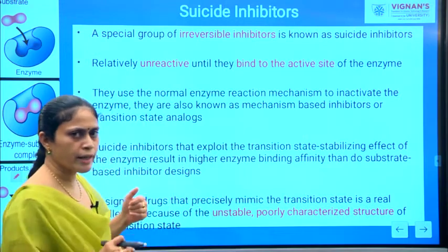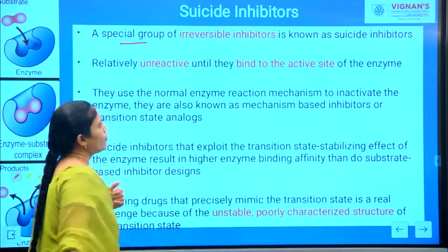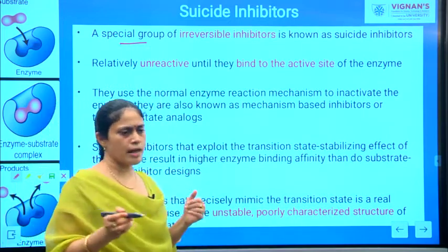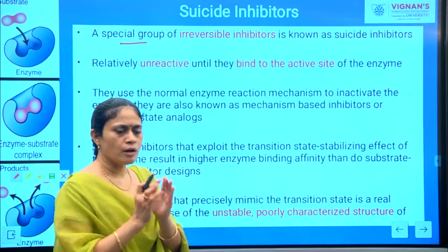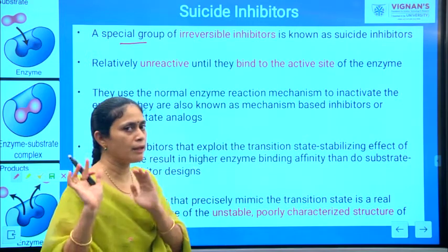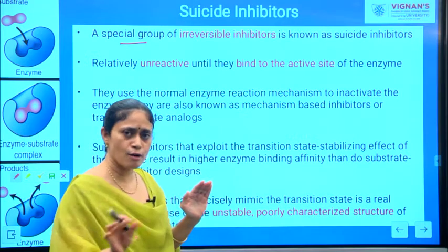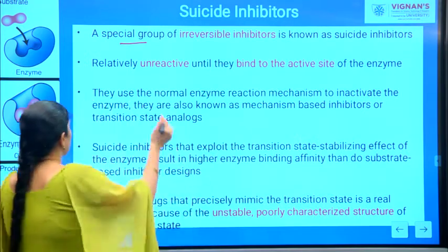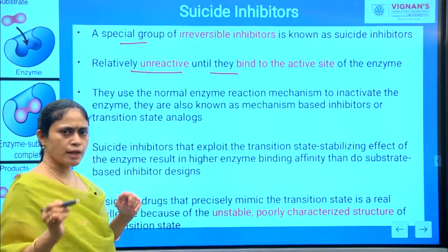What are these suicide inhibitors? I'll explain right now. A special type of irreversible inhibitors, as we have told you, the suicide inhibitors also bind irreversibly or inactivate the enzyme irreversibly. That means the activity of your enzyme is completely lost. They are relatively unreactive until they bind to the active site of an enzyme.